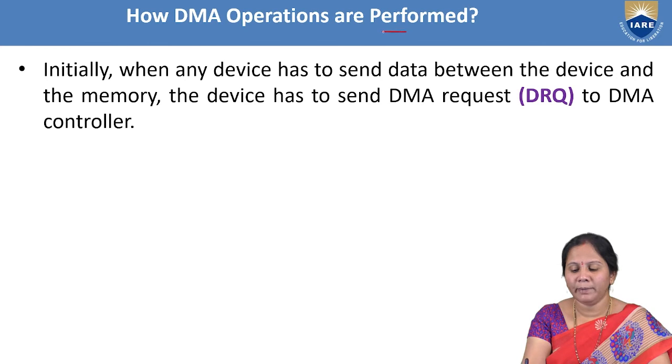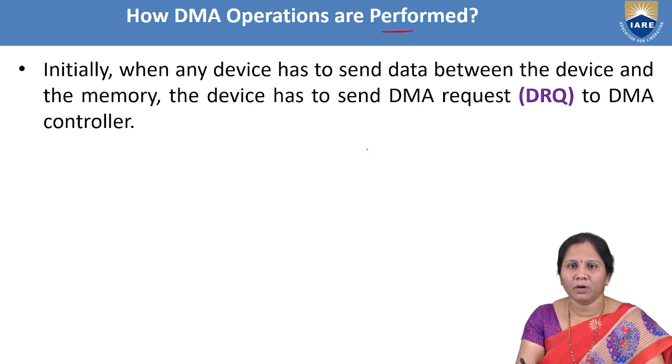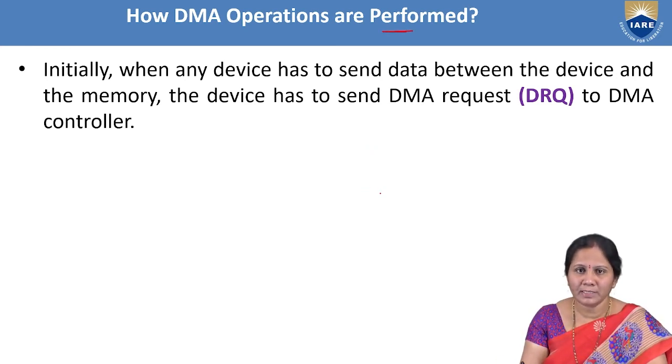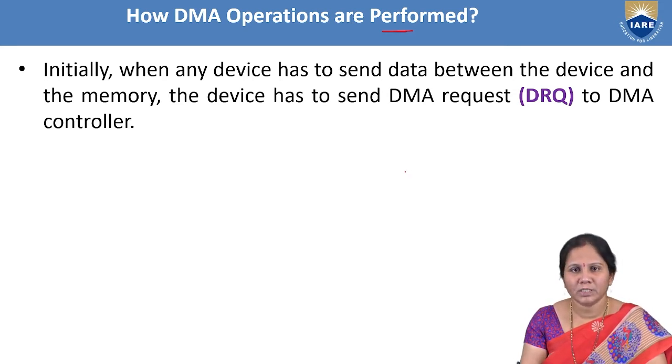Now, recalling that same block diagram, how the signals work: initially, how the operation is performed between I/O devices and memory by using the hardware unit, the DMA controller, and how the system bus access is taken by the microprocessor. We have discussed the 4 important signals called hold request, hold acknowledgement, DMA request, and DMA acknowledgement.